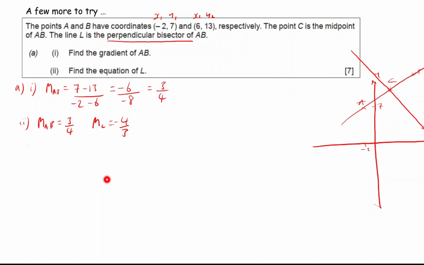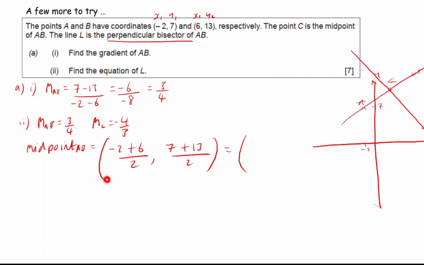We also need our midpoint, which is point C. So we need to find the midpoint of AB. And that would be equal to the average of our x coordinates. So minus 2 plus 6 divided by 2. And 7 plus 13 divided by 2.